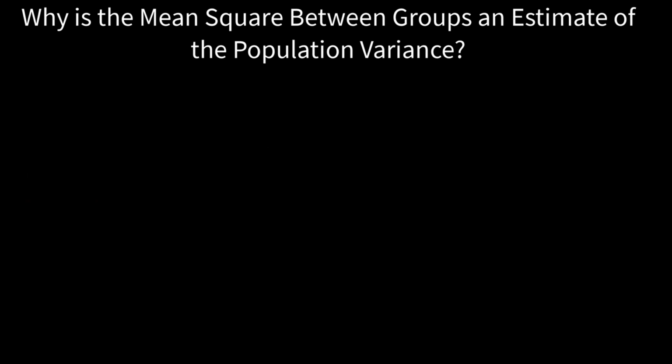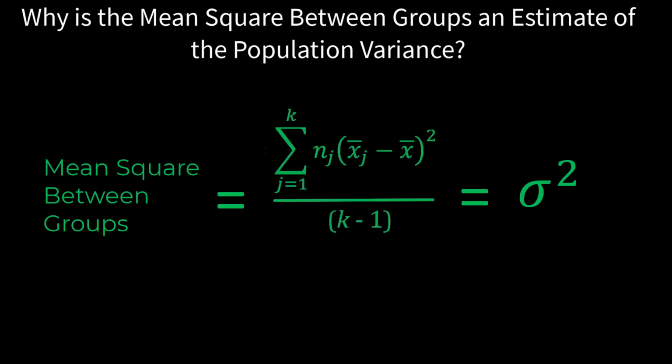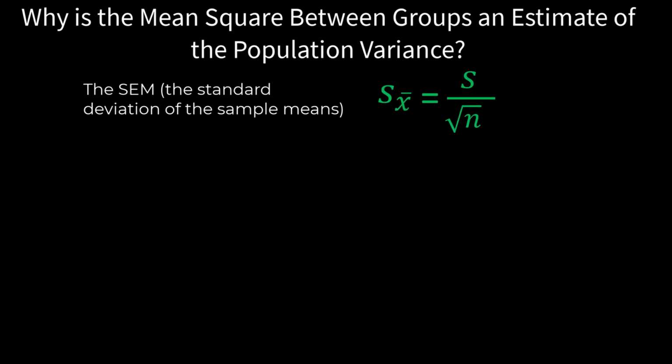You may be wondering how the mean square between groups can be an estimate of the population variance, as it is not obvious from the formula used to calculate it. However, in our video on the central limit theorem, we demonstrated how the calculation of the standard error of the mean is connected to ANOVA.